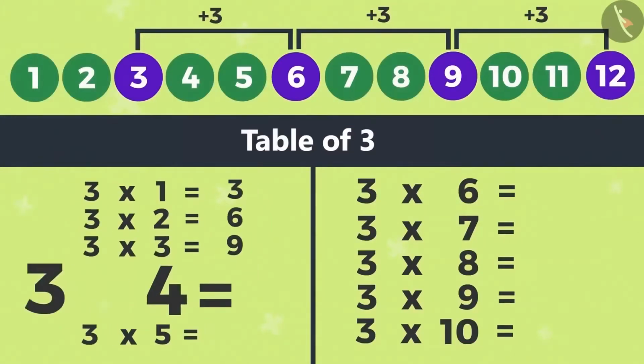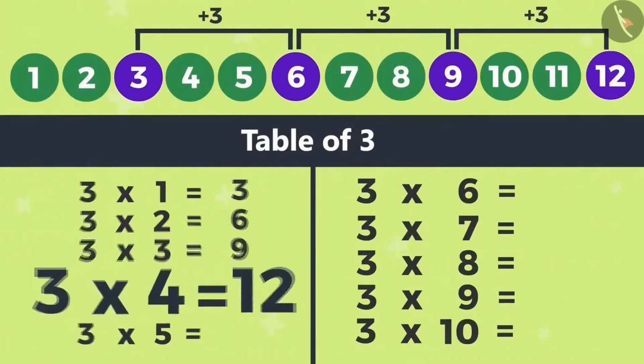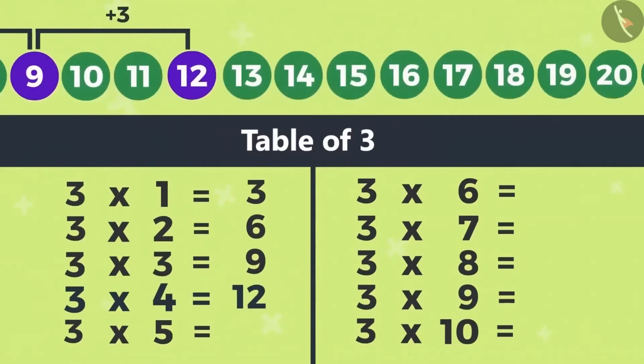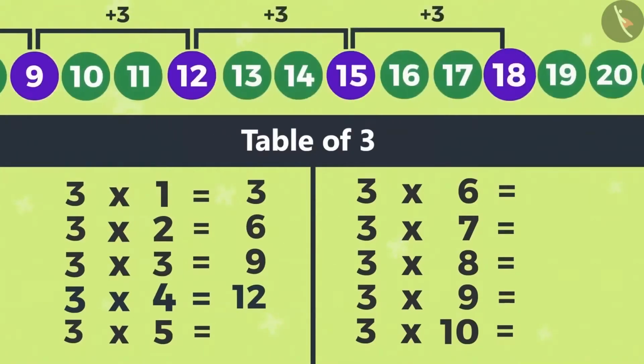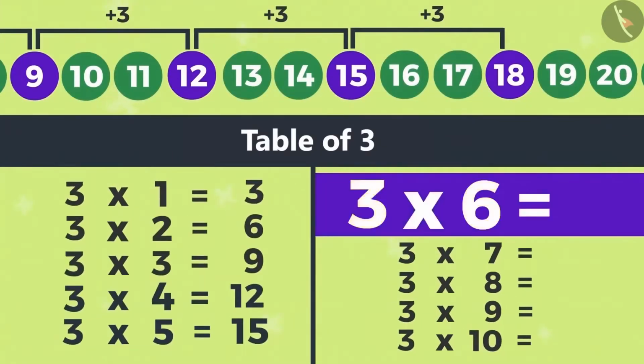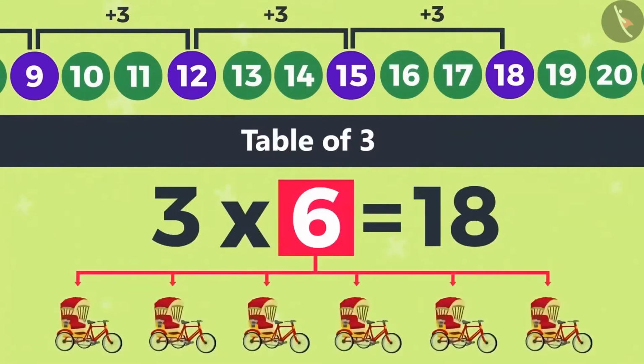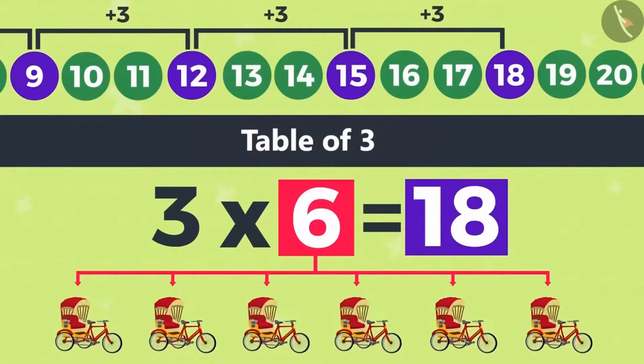That means we write 12 in front of 3 times 4. This makes 3 fours are 12. So the next number will be 15 and the next 18. This means 3 fives are 15 and 3 sixes are 18.